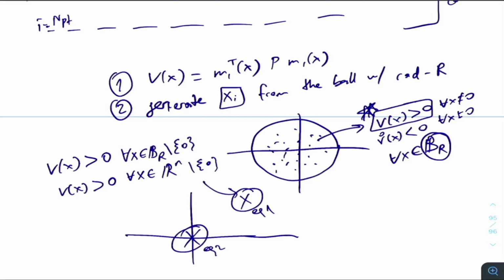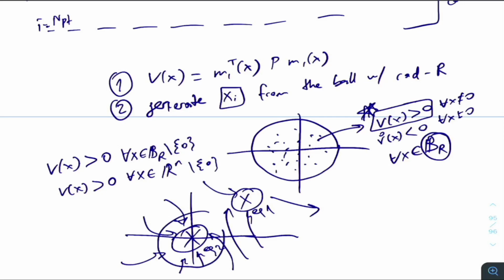With more than one stable equilibrium point, you couldn't generate a Lyapunov function to prove global stability, because it is not globally stable. It is only stable, for example, in this ball or in this neighborhood of that equilibrium point. Maybe an ellipsoid or something.